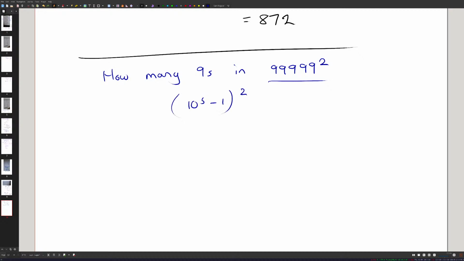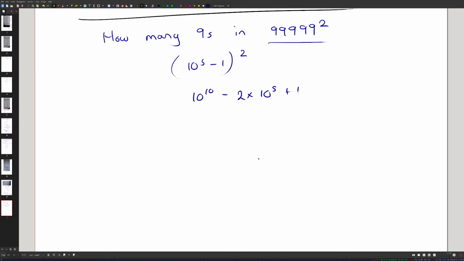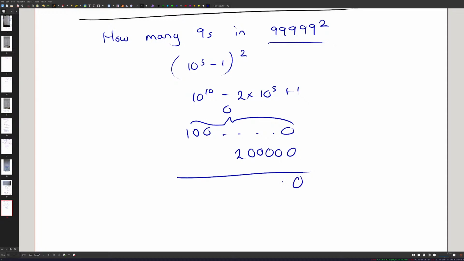And so we're squaring that. And so we're going to get 10 to the 10 minus 2 times 10 to the 5 plus 1. And if you imagine actually doing that, the subtraction, here's 10 zeros. And then we're subtracting 2 with 5 zeros. And then we're adding 1 at the end. But when you do the subtraction, initially we're just subtracting 0 from 0. So that's 5 zeros.